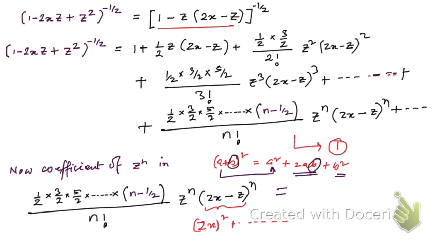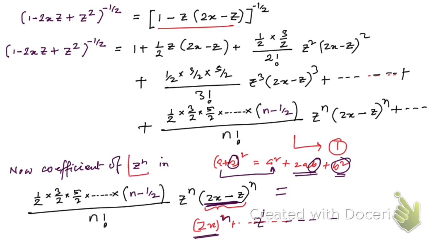Similarly, if you expand this, the first term you are going to get is (2x) whole to the power n, because here the power is n, and all the remaining terms will contain z, at least z to the power 1, z to the power 2. So we are to obtain the coefficient of z to the power n, not z to the power n plus 1 or n plus 2.